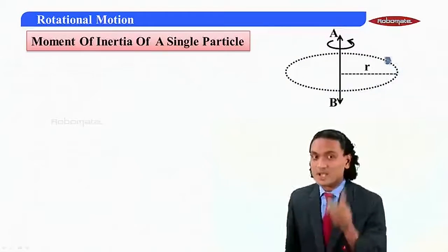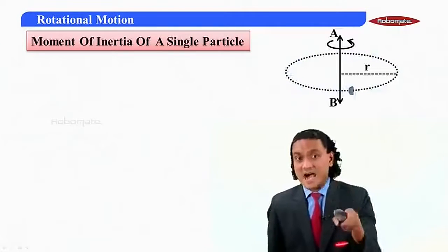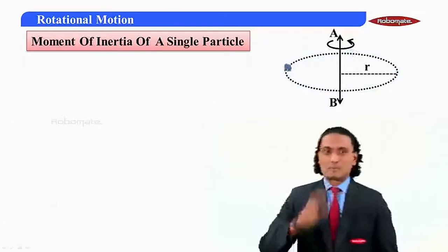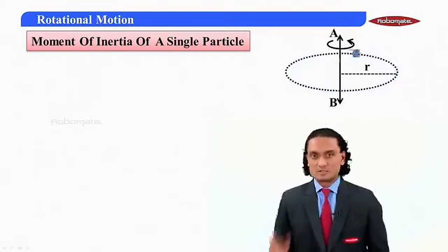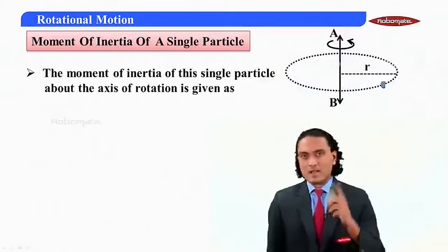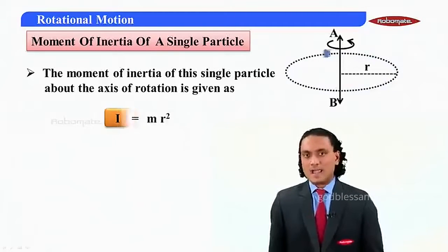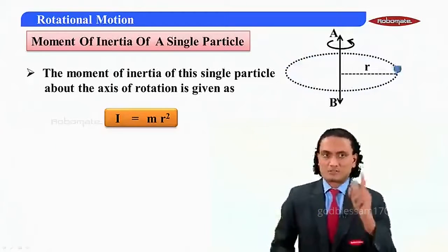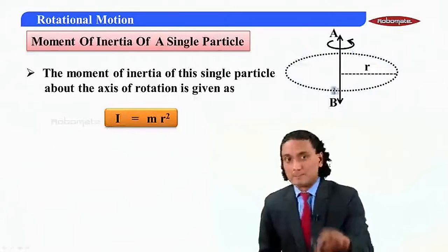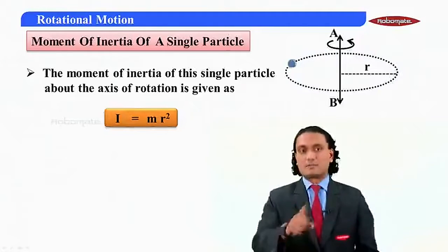So r is your perpendicular distance from the axis. So what is the moment of inertia of the single particle? Moment of inertia of this single particle is given as I is equal to mr square, where m is the mass of this particle, r is the perpendicular distance of this particle from the axis of rotation.